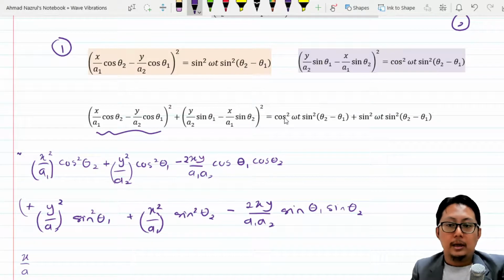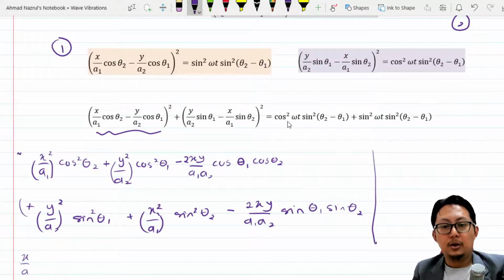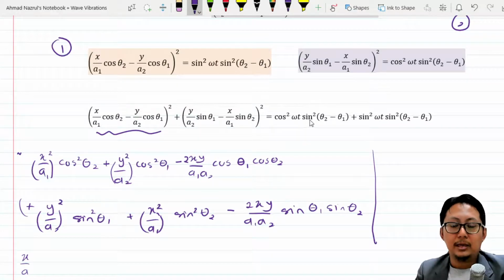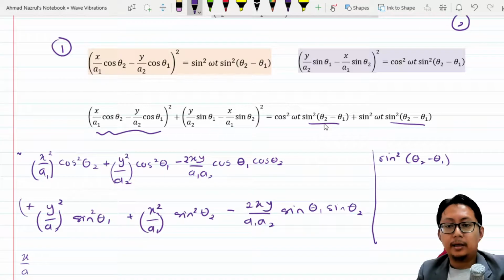Okay, and for the right side, we have here cos square omega t times sine square theta 2 minus theta 1. So this one we have the same, sine square theta 2 minus theta 1. So we factorize sine square theta 2 minus theta 1 and bring it to the side, and then we have here cos square omega t plus sine square omega t.